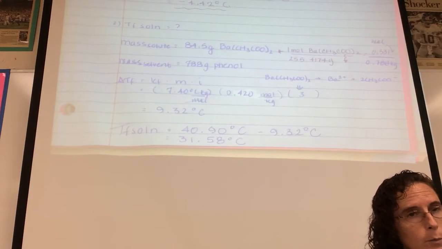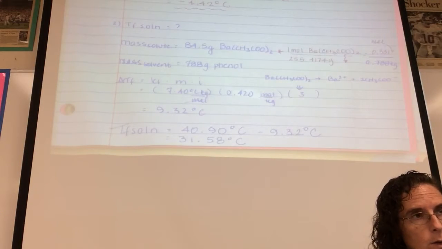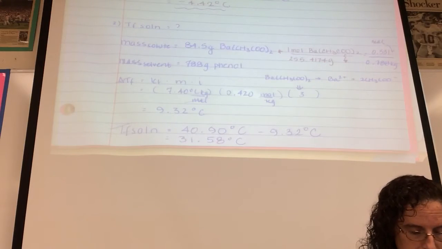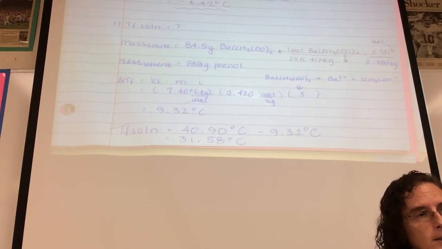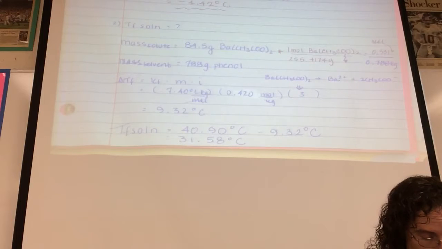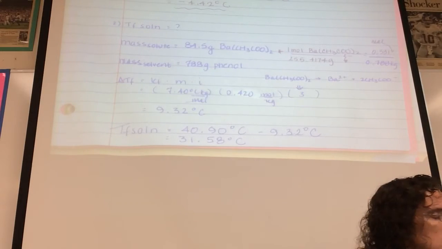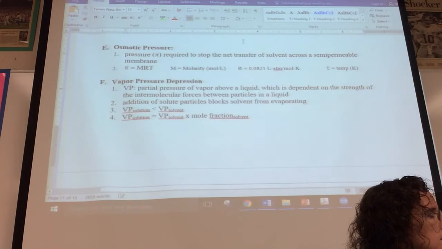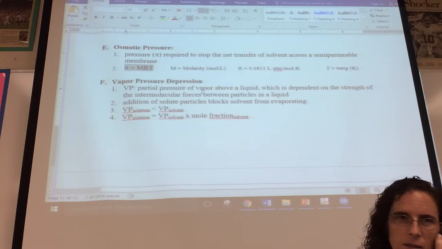So that's freezing point depression. You want to be able to calculate both boiling point elevation and freezing point depression. There are several other colligative properties such as vapor pressure depression, osmotic pressure. We're not going to get into those this year. I don't know in AP Bio anymore if they still do osmotic pressure calculations.